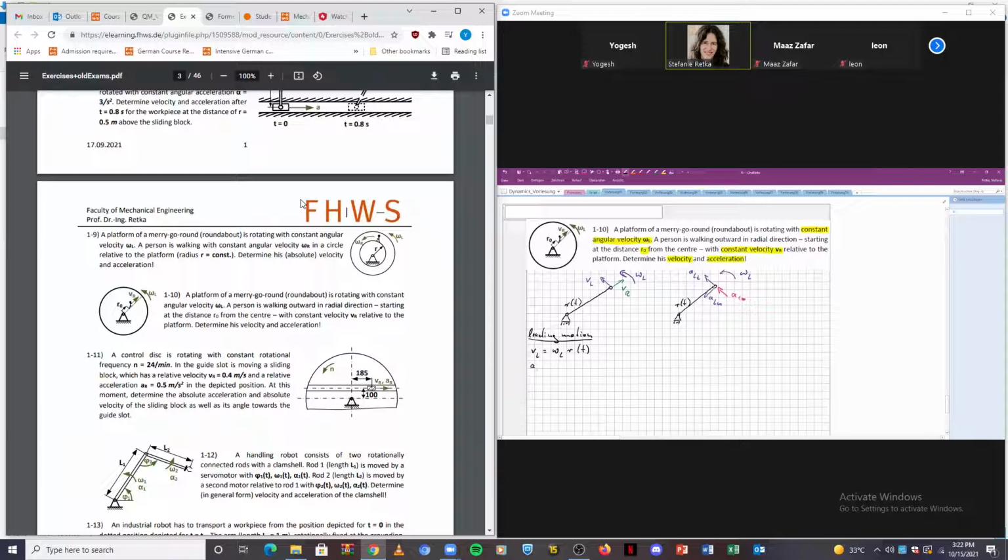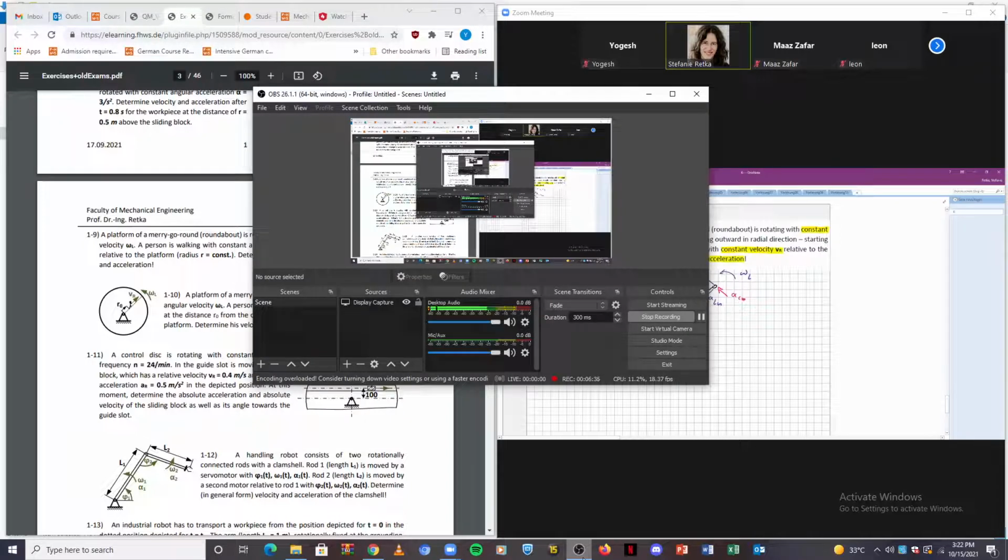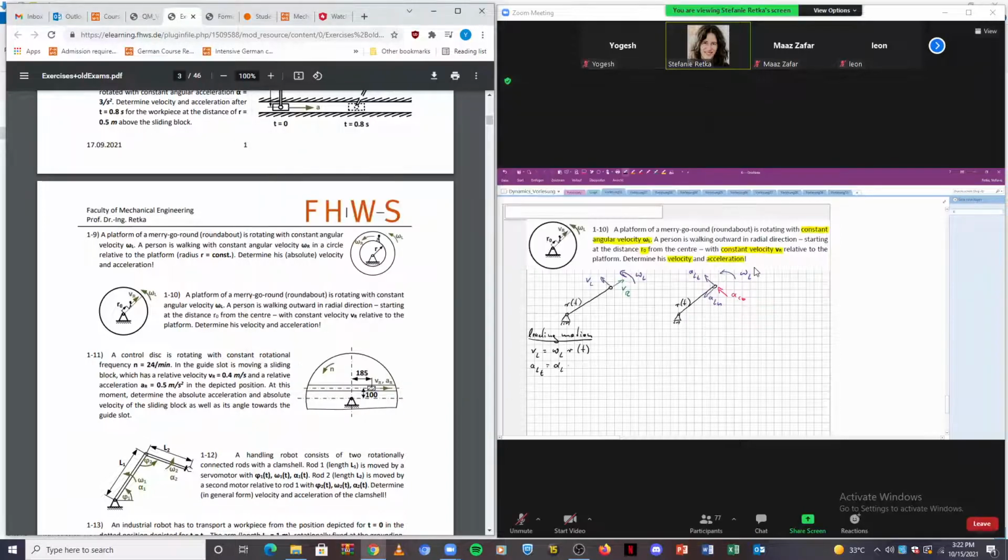Our tangential component of the leading acceleration is obtained by alpha L times r, but since alpha is equal to 0, the tangential component is 0 as well. And the normal component is omega L squared times r.